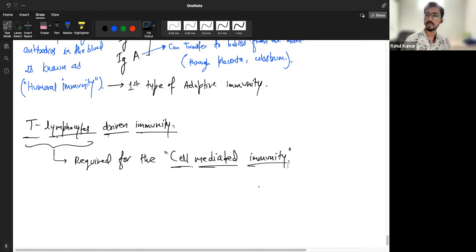Organ grafts or organ transplants? No one has heard? Come on, people, participate. If you're not speaking, then what's the point? It's for you, right? I know all these things. So you have to participate.